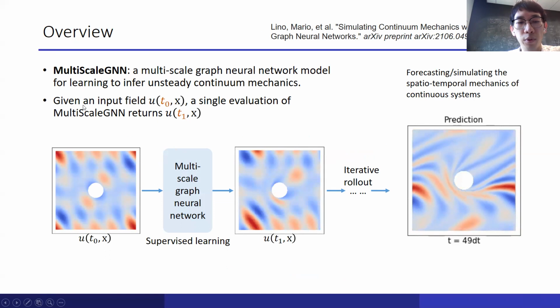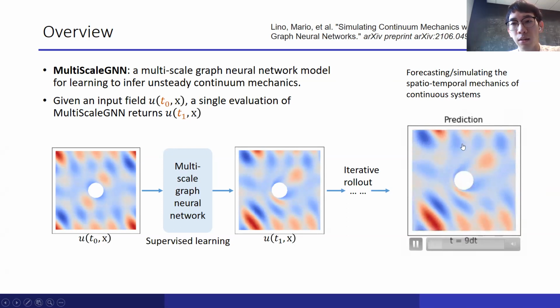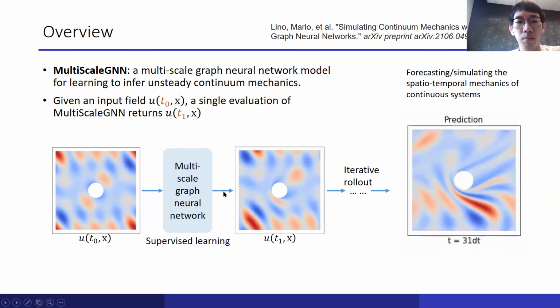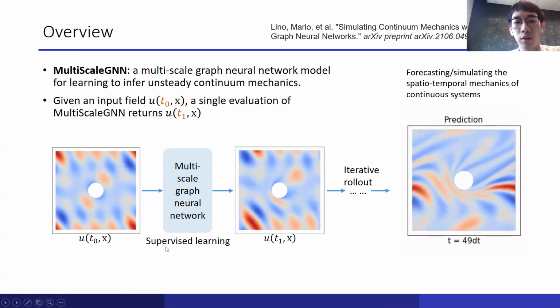Given an input field U at the initial time step, a single evaluation of the multiscale GNN returns the flow fields at the next time step. By applying the model recurrently, we can simulate the continuous systems for a long time. This model is based on the graph neural network and is trained using supervised learning strategies.